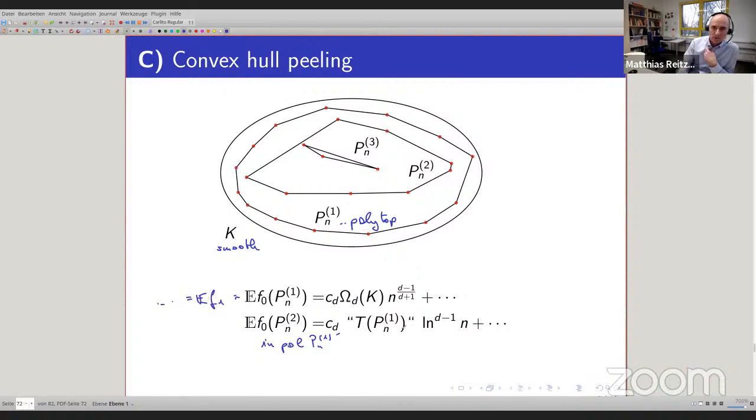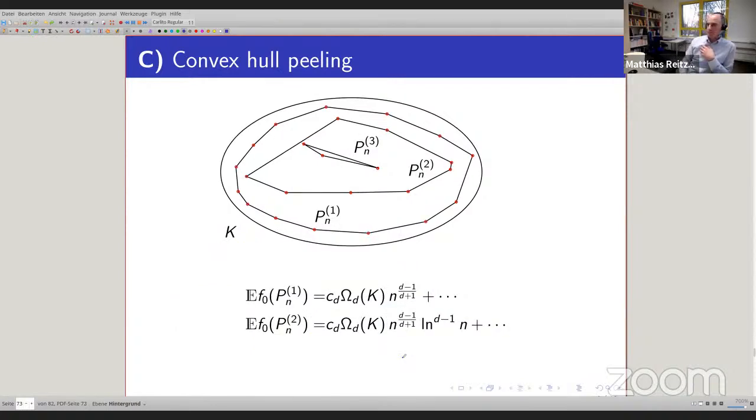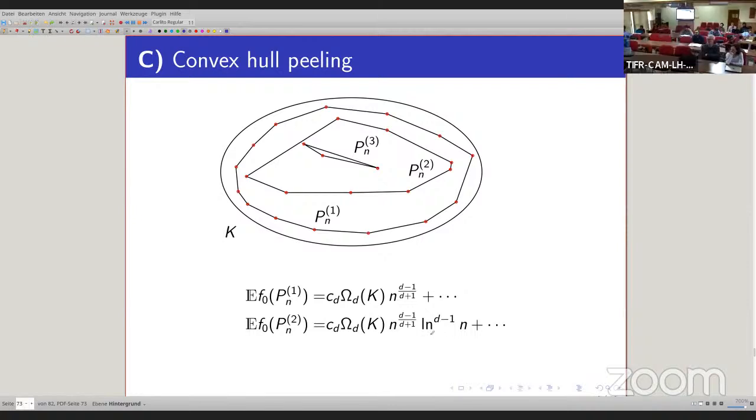So this is what we know. So we plug this in. This would be the naive approach. We get something like the towers is n to the power d minus 1 over d plus 1 times the logarithmic factor.